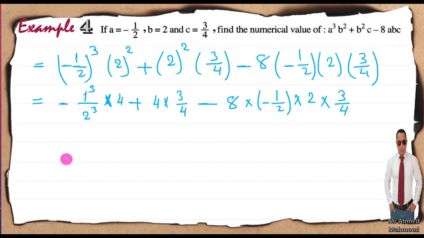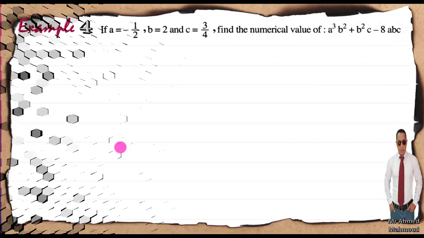Finally, you can write this one in the calculator. It gives you 8.5. This is the simplest form by using the calculator. Another example.